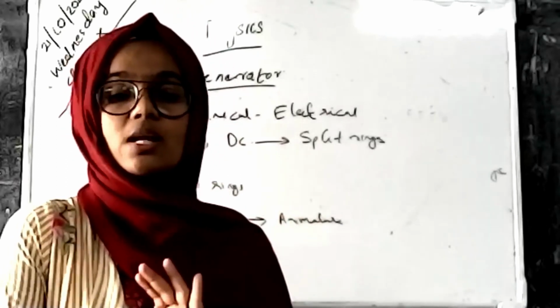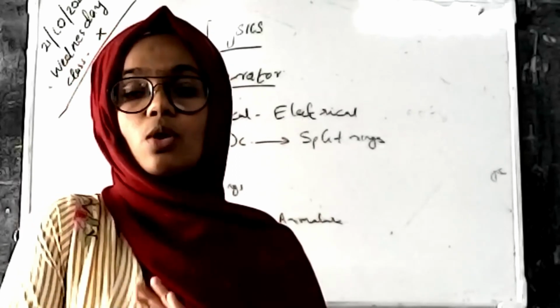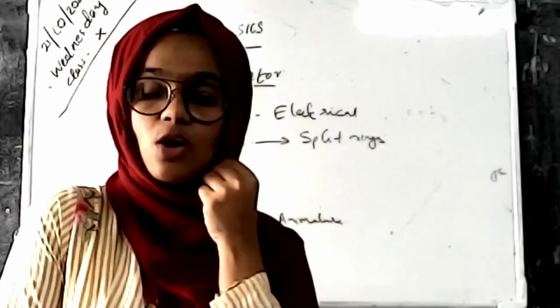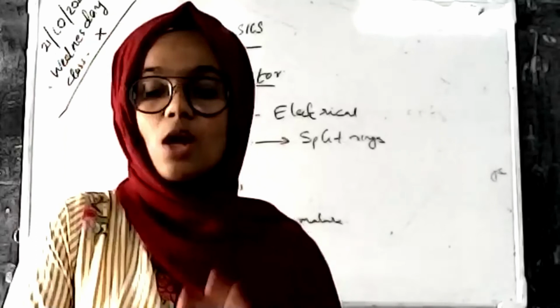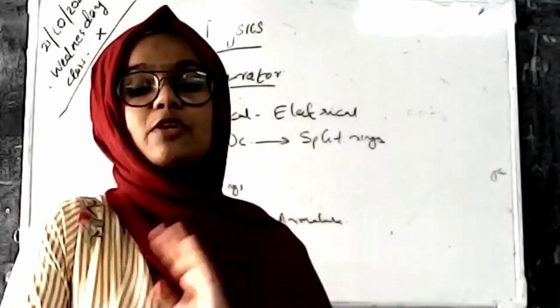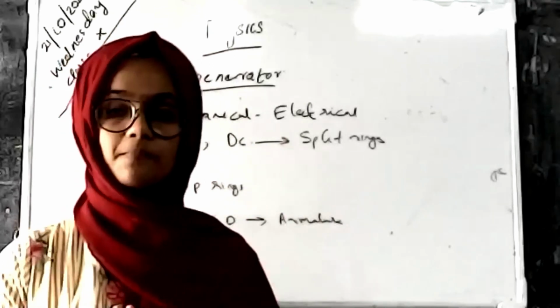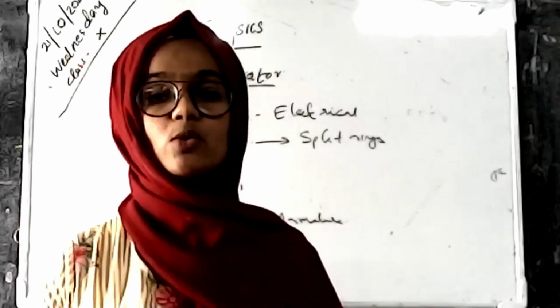So there is a mutual induction between these two coils. The magnetic flux change in the first coil makes an induction in the second coil, and that phenomenon is known as mutual induction. So I think all of you understand what a generator and mutual induction are.